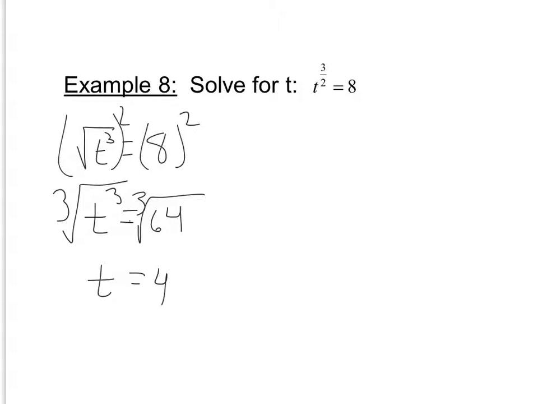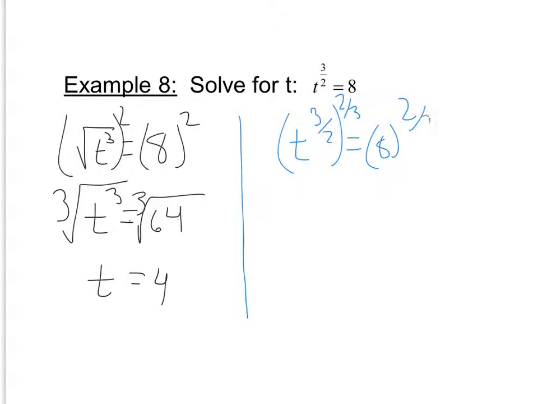So there's one way. Now the other way you could take a look at this is t to the 3/2 equals 8. Whenever you have a rational exponent, meaning the fraction of a rational number, you raise it to the reciprocal. Because remember, power to a power you multiply.